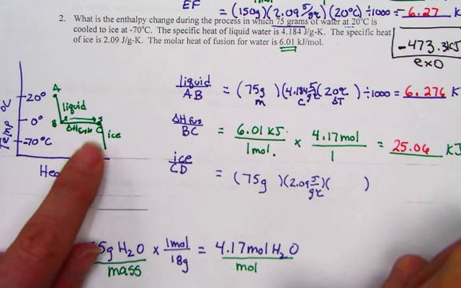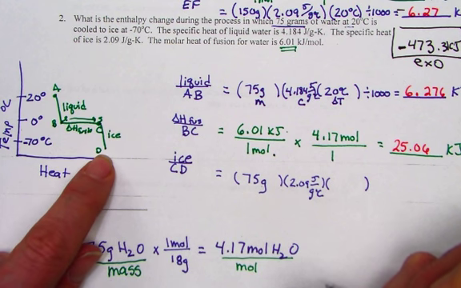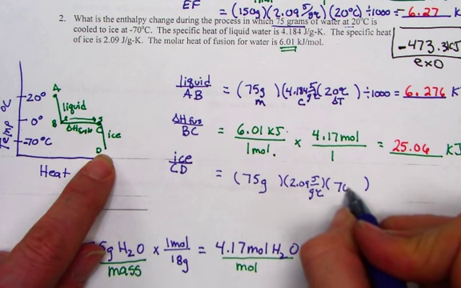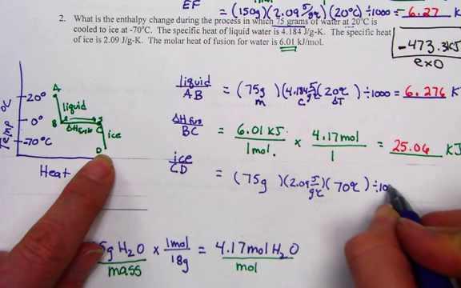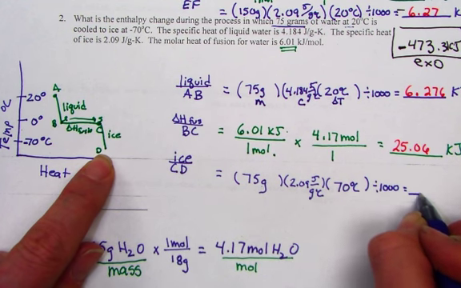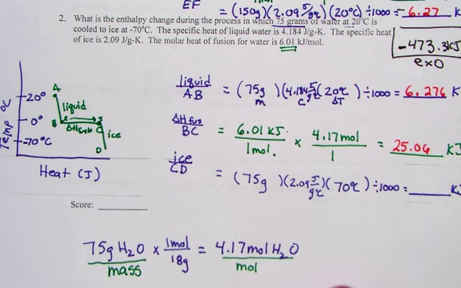And to move from point C to point D, that's 0 to negative 70 degrees. That's a change of 70 degrees Celsius. Let's also divide by 1,000 so we can turn our joules into kilojoules of energy. There are 1,000 joules for every 1 kilojoule.